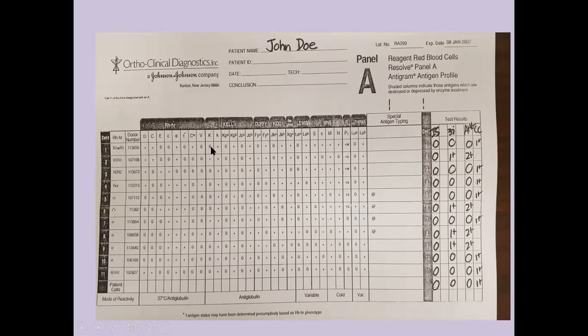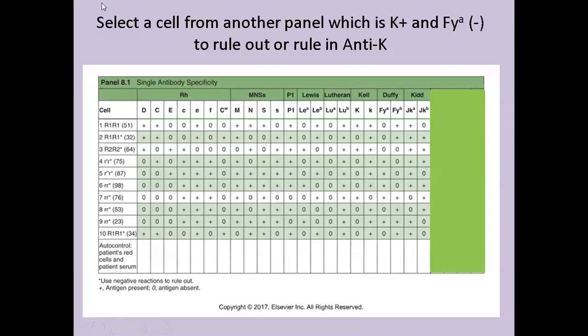Let's say we just wanted to make sure. If we took dosage into consideration and we didn't eliminate it, to really prove that the person didn't have an anti-K in addition to their anti-Duffy A, we would need to test a cell or two from another panel that has K antigen, but not the Duffy A. By looking for Duffy A negative, K antigen positive cells, we're going to see if the patient reacts or not.